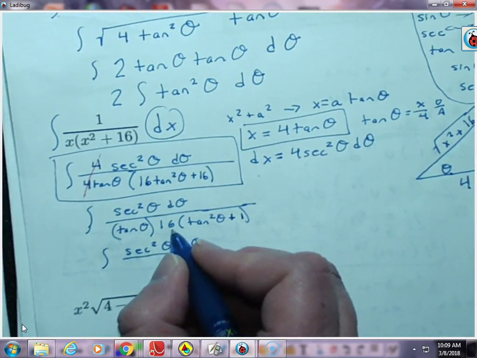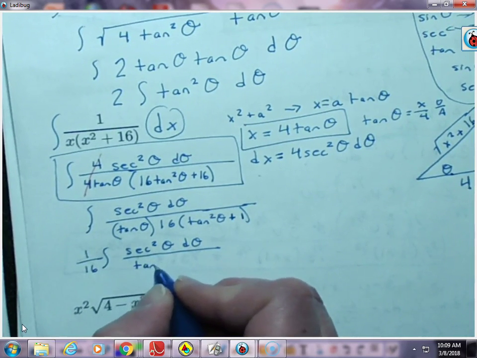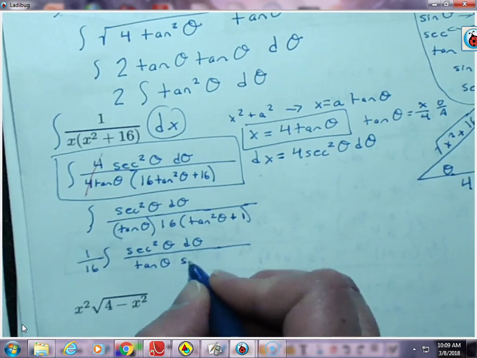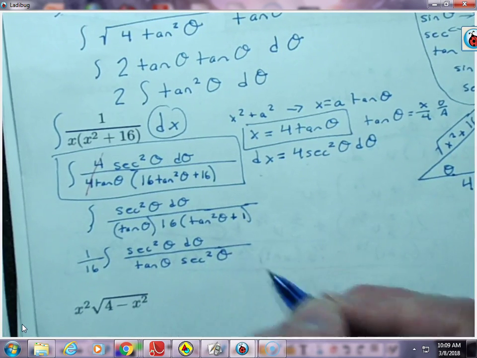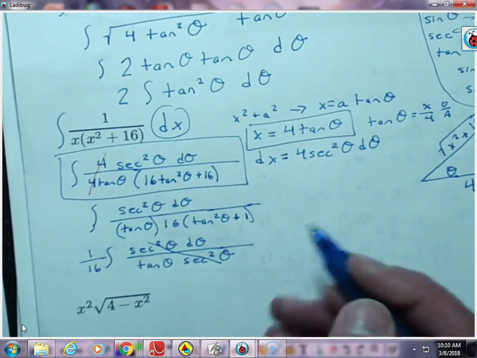You want the 16 out? It's looking kind of nice. Yeah, let's get rid of those secant squared thetas.